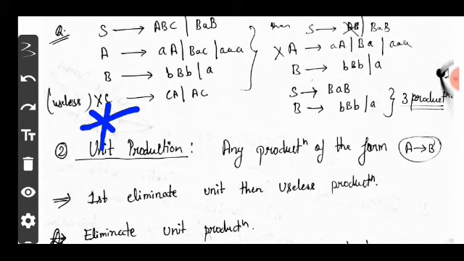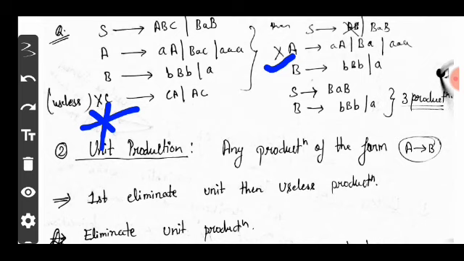After eliminating this useless symbol, we got S produce AB or BBA. A produce BA, 3 times a. B produce BABA.